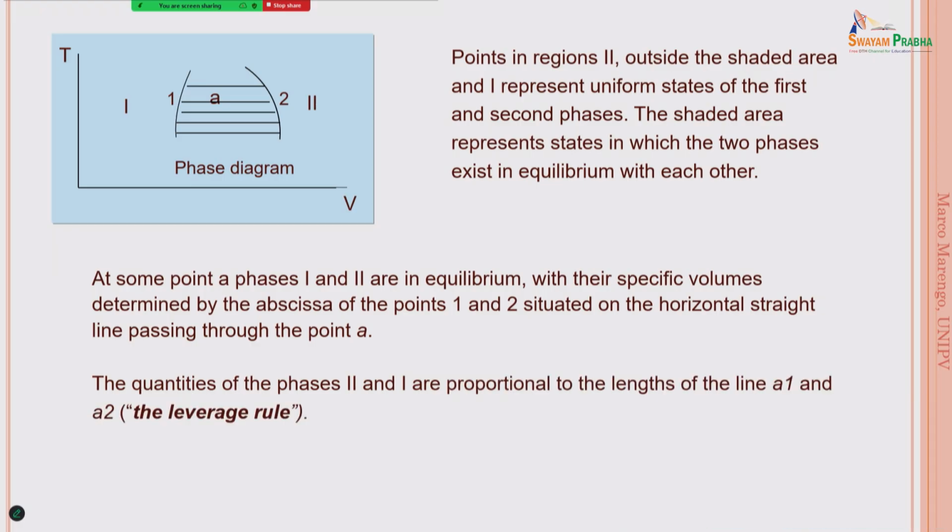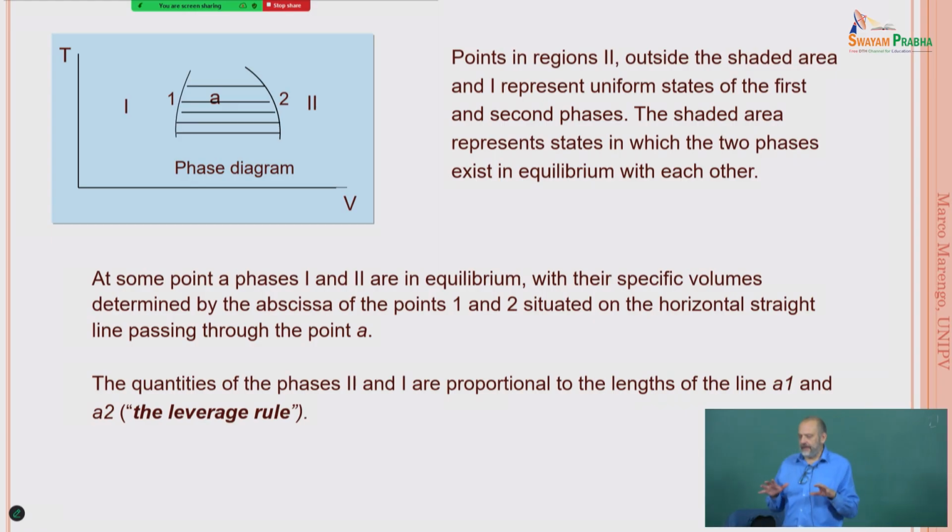In fact, inside the region where we have the coexistence of the two phases, we can even use the so-called lever rule. It says that if we know the properties of the liquid and the vapor, we can weight them to obtain the property of the mixture of liquid and vapor, which is fine.